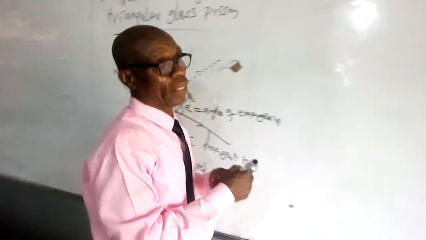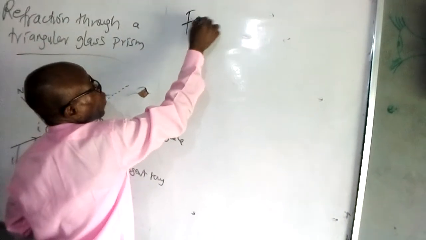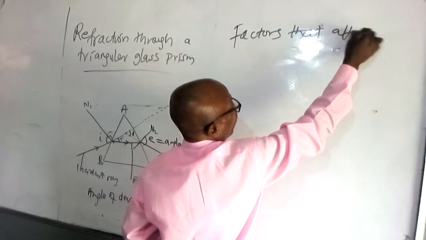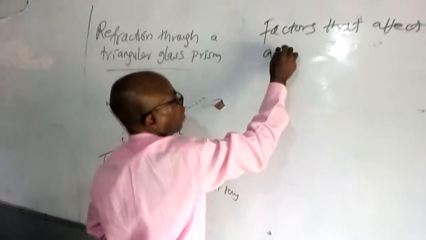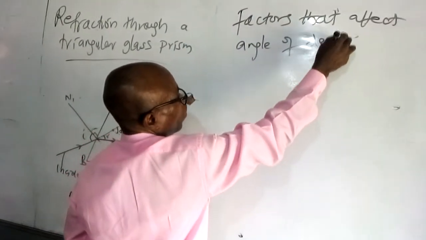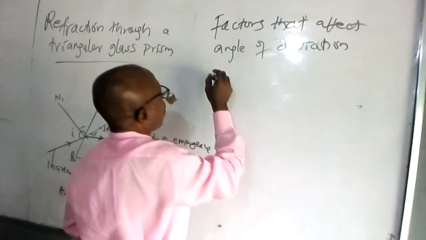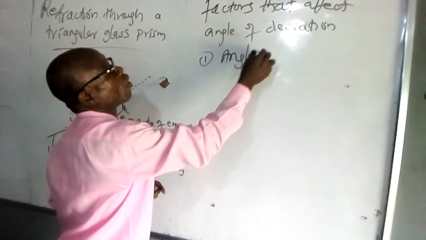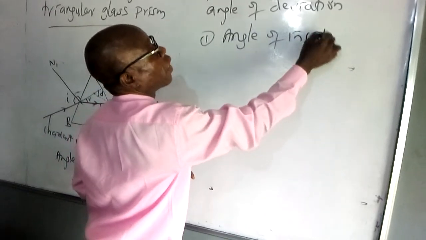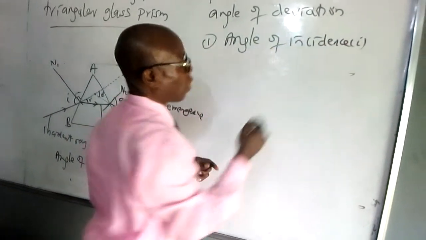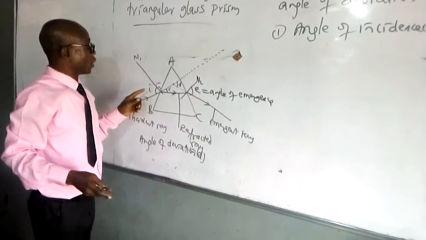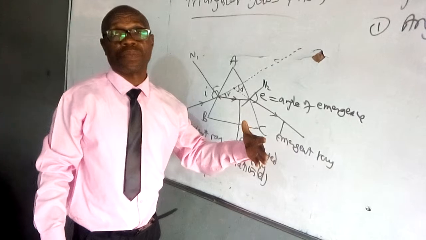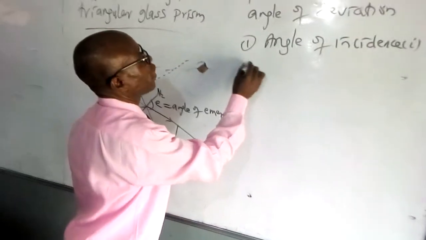The factors that affect the angle of deviation are: 1, angle of incidence, I. Because as we are changing the size of the angle of incidence, the angle of deviation will also be changing.